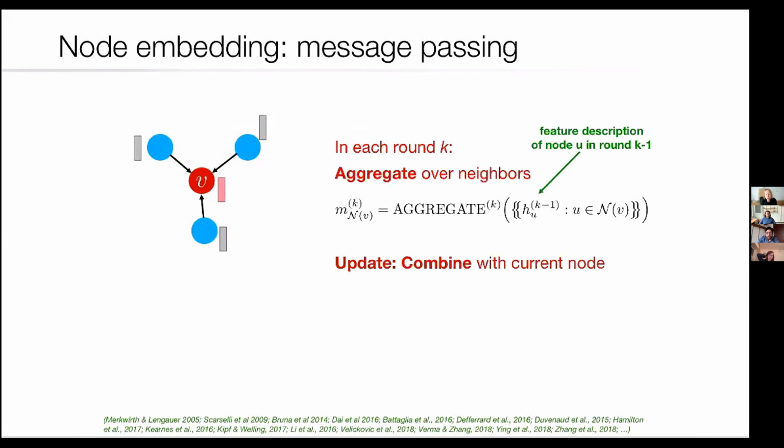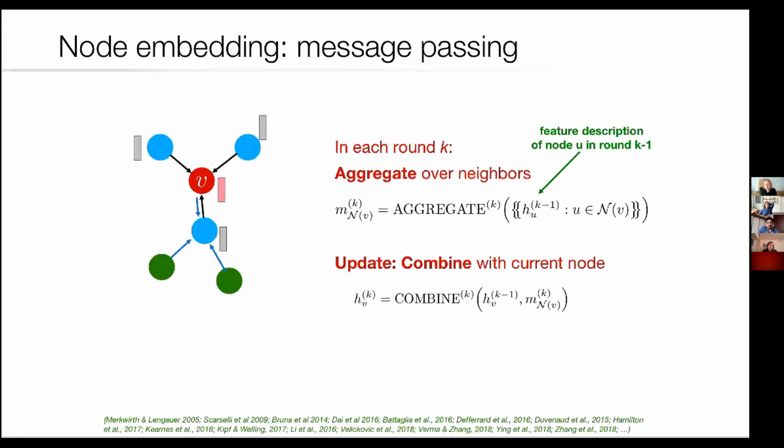In each round, each node collects the feature vectors of its neighbors and aggregates them by applying a set function over vectors, and that's a function you're going to learn. Then once you have aggregated that information from the neighbors, you combine it with your own information. All nodes do this in parallel. And of course, as you go along, in the second iteration you're already collecting information from a two-hop neighborhood, etc. And so what you're learning are really these aggregation and combine operations.